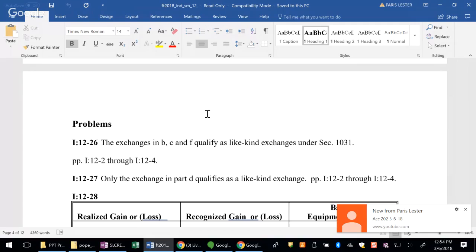Or how much of that will be recognized, taxable? What do you think? Anybody? Right, you had a total gain, but how much of that's taxable? 14.